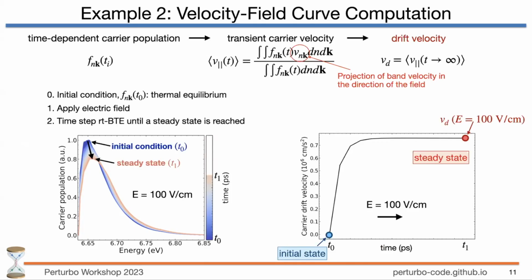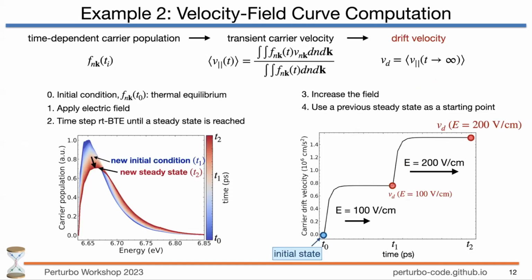You first apply a very small electric field, for example, 100 volts per centimeter, and then you time step the RTBTE until the steady state is reached. So you see on the left-hand side, we expect the carrier population to drift to a higher energy, and then the drift velocity is also non-zero after you reach the steady state.